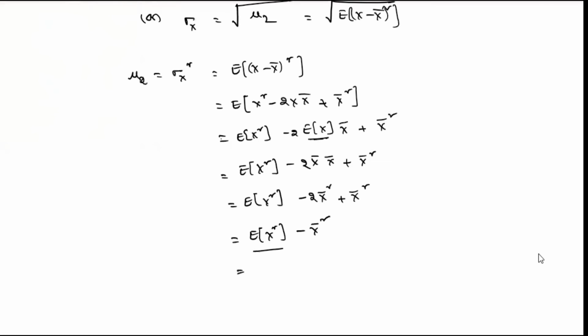It is the second order moment about the origin, that is m2, minus x bar, which is the first order moment about the origin, m1, and it is squared. So the second order central moment, or the variance, is equal to m2 minus m1 square.